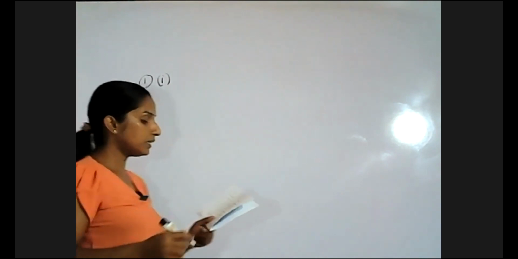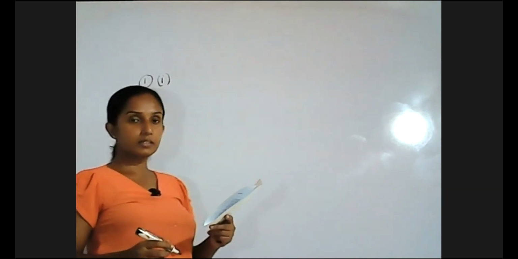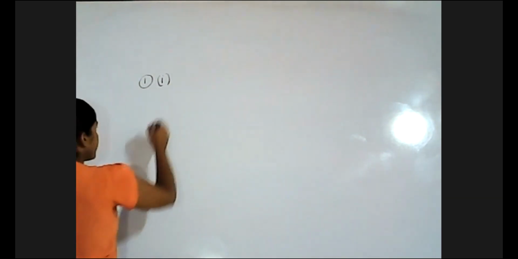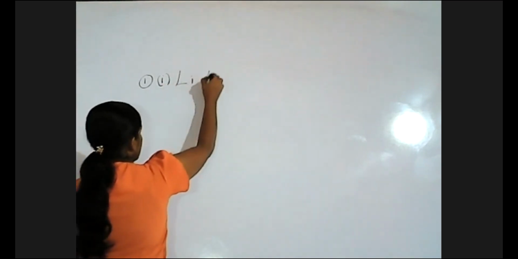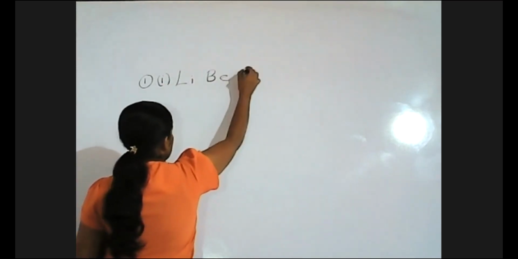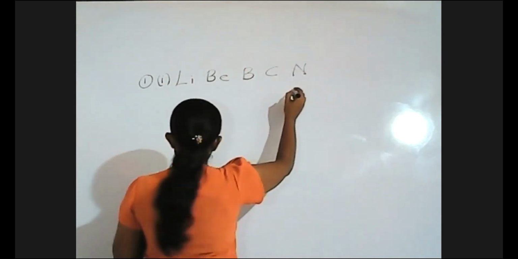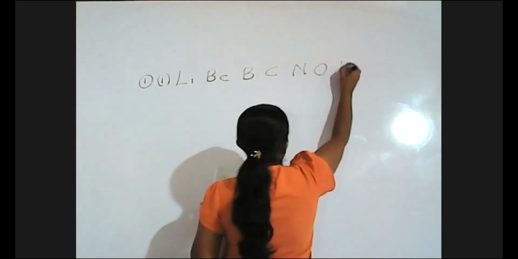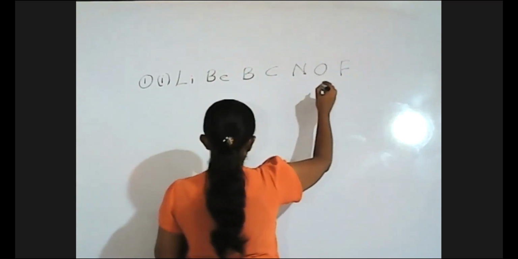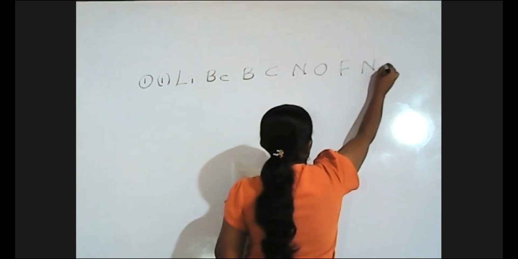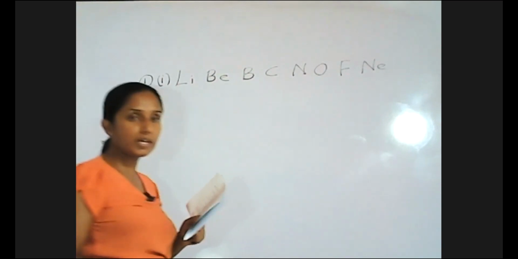First one, part 1. The elements in the second period are given here. So we have to arrange them in order. Lithium, beryllium, boron, carbon, nitrogen, oxygen, fluorine, and neon also there. We have to write in order.